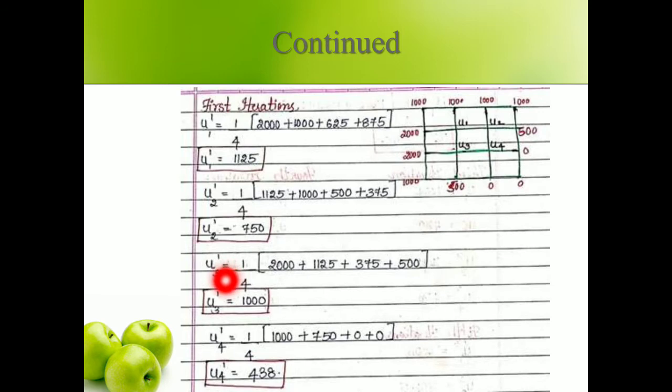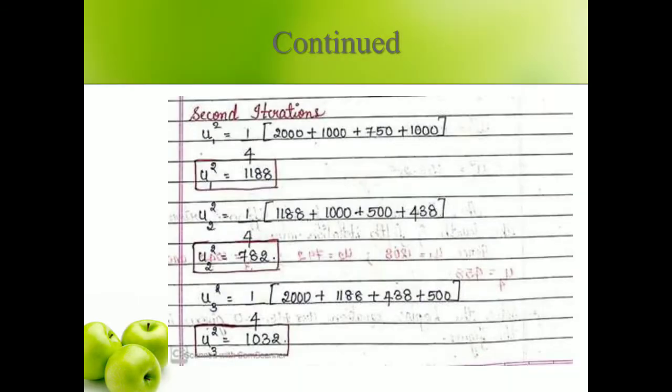Then u3 dash is here, so you will be using 2000, then the initial u4 value, then the u1 value which you have already found out now, and 500. u4 again, the standard formula you will be taking: the u3 value, you will be using 1000, 0 and 0.